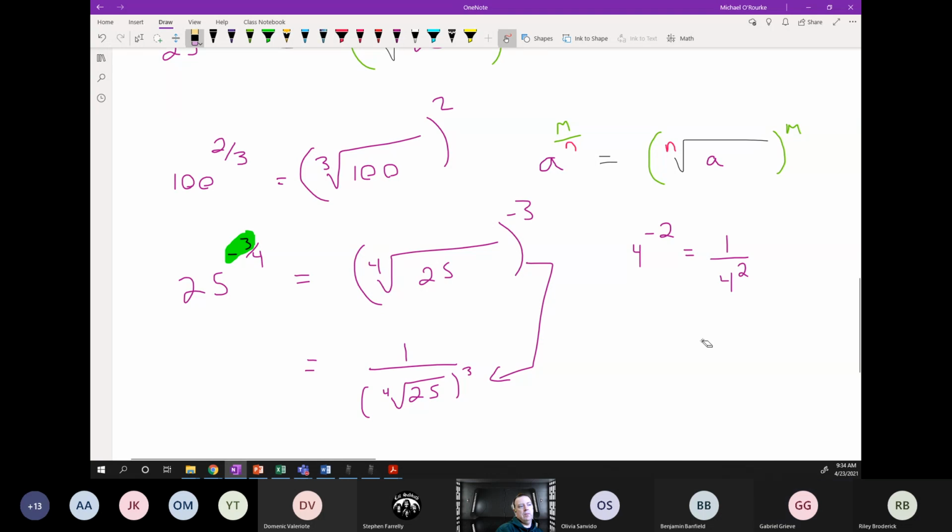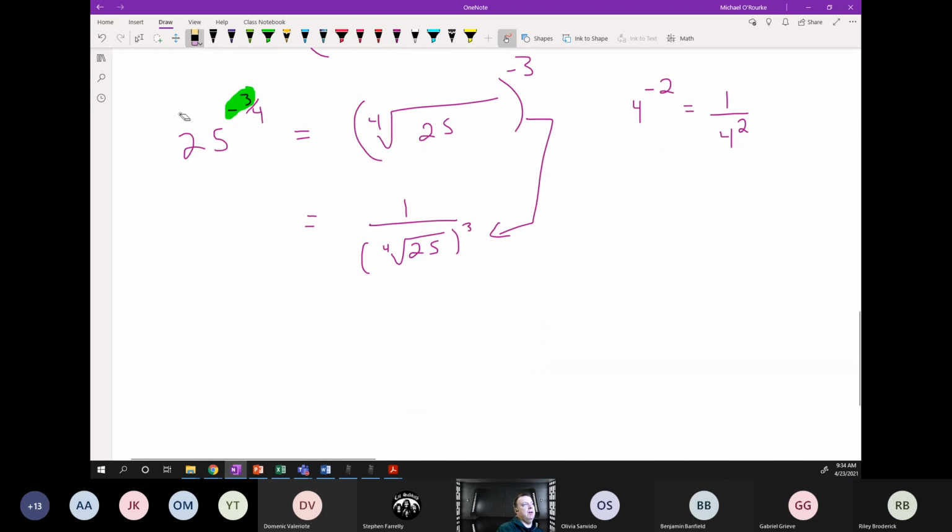Okay, that works. So I want you guys to try this one here. Let's try 36 to the negative 4 over 5. I'll give you a minute to work on that one.